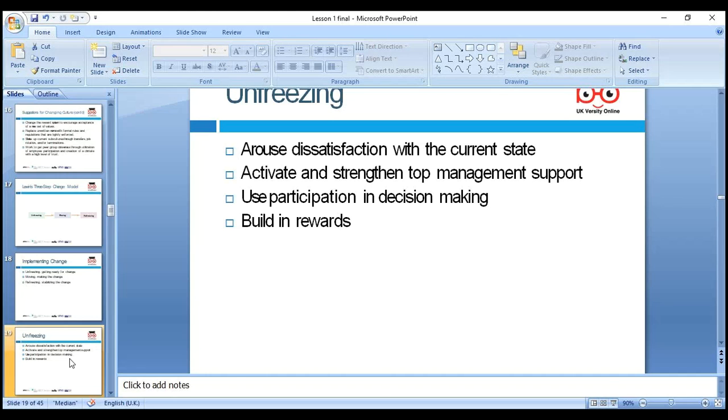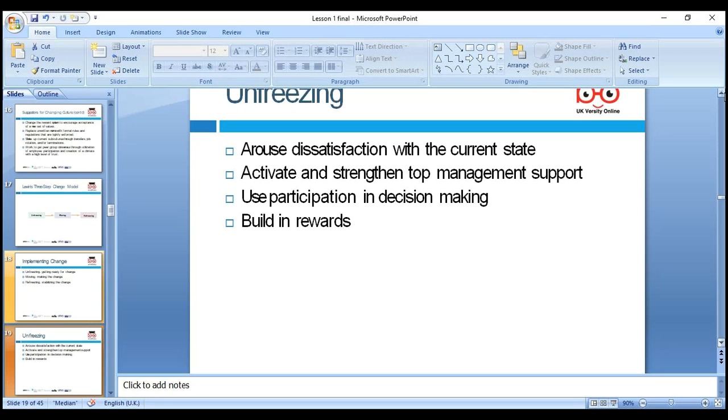So unfreezing can cause dissatisfaction as well, because people are not willing to change. What can you do? Activate and strengthen top management support, and use participation in decision making.